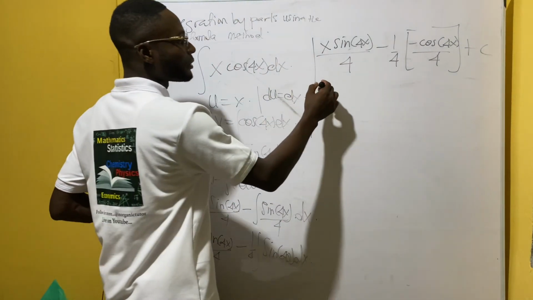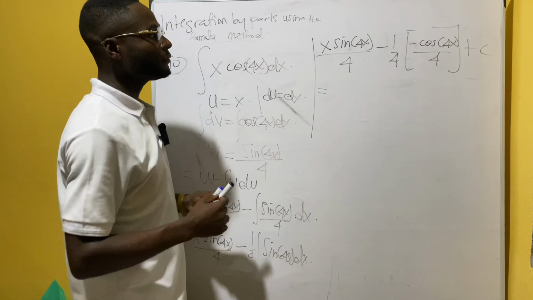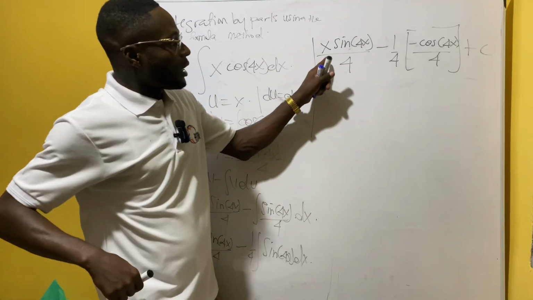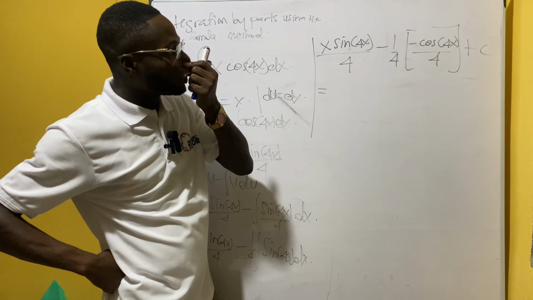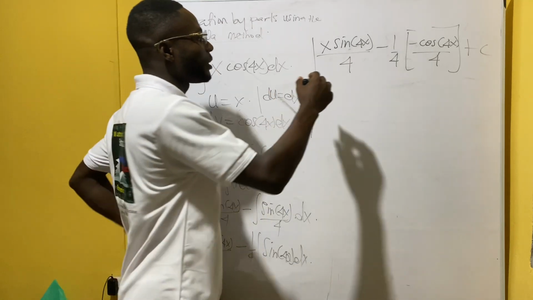So this right here, we can see that 1 on 4 is common to all, right? So we factor 1 on 4 out.